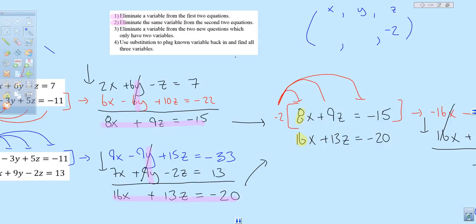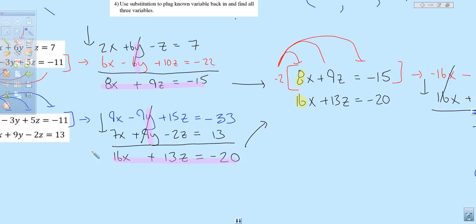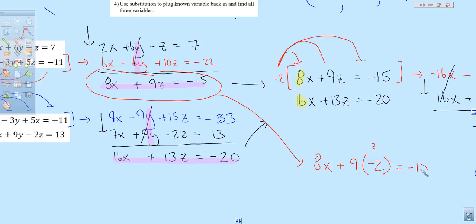So for step number 4, just because the numbers are smaller, I'm going to take this one and bring him down. So I've got 8x plus 9 times, remember my z that I brought over, he's a negative 2. That's the z I just found, equals negative 15. I solve this.